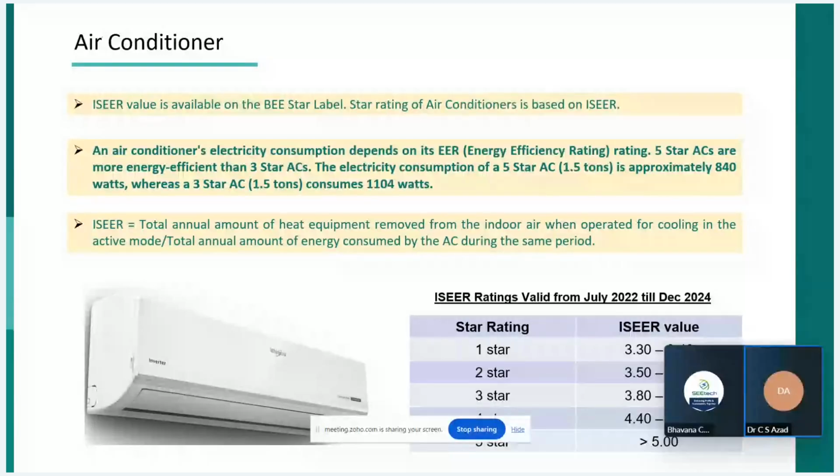That is the total annual amount of heat removed from the indoor air when operated for cooling in the active mode, divided by the total annual amount of energy consumed by the AC during the same period.